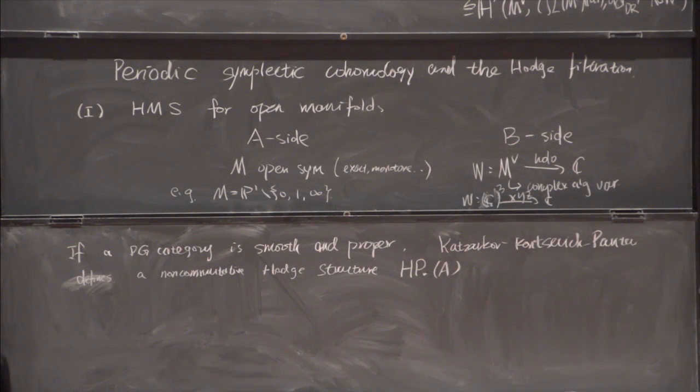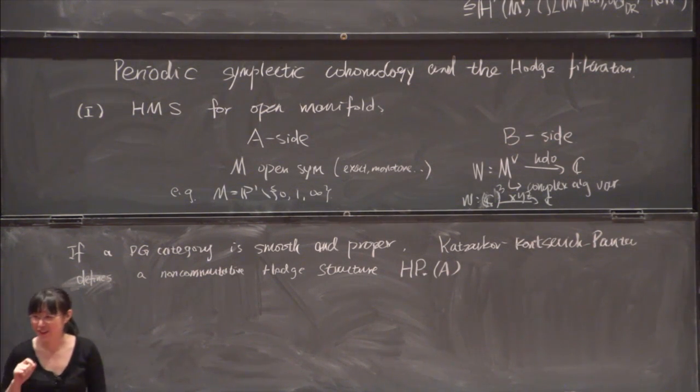Then there's a Betti data that contains first of all a rational structure, and then an integral structure which relates to this gamma integral structure. So far I wasn't being precise because I didn't want to give the full definition.